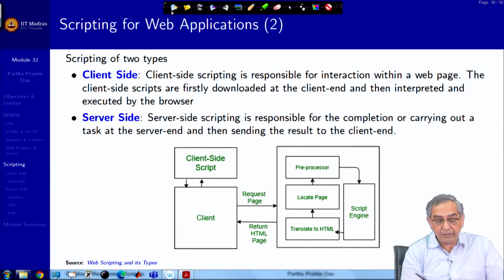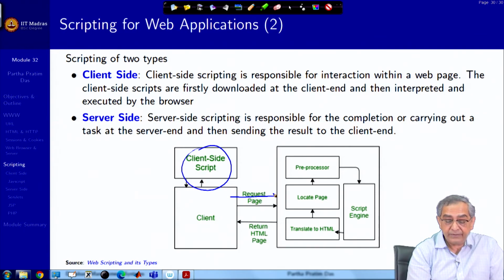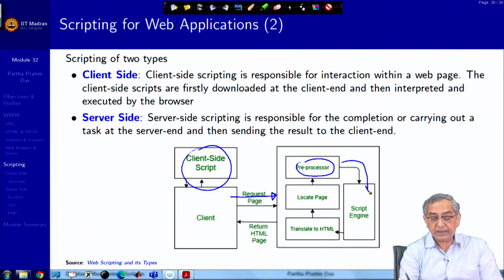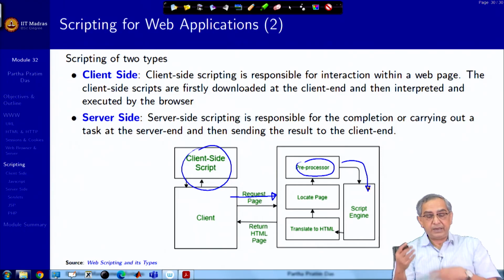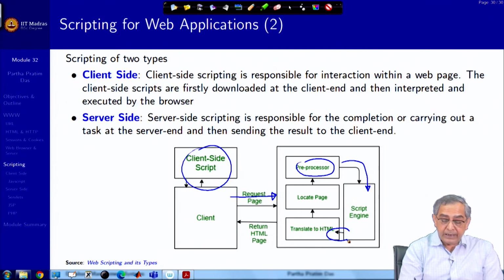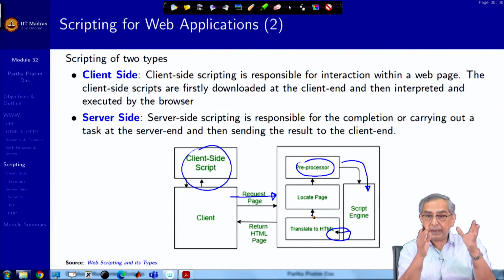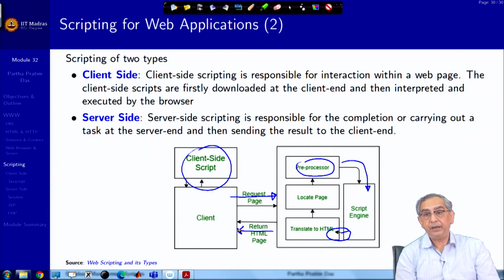So a modified view turns out to be that you have client side scripts which validate, and when it is validated, then the request can come, it is taken up by the preprocessor, which chooses the right script in the scripting engine, which does the scripting, does the computation, gets the data, generates the result as a translated HTML, locates that page template, gets the final HTML, returns it back here to the client.